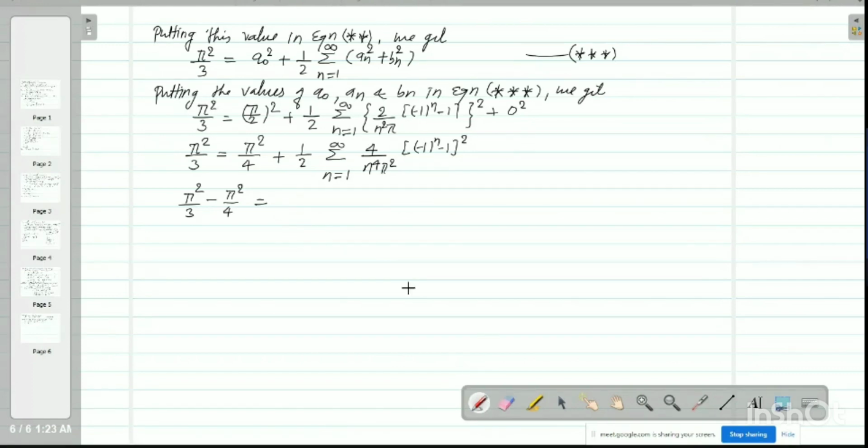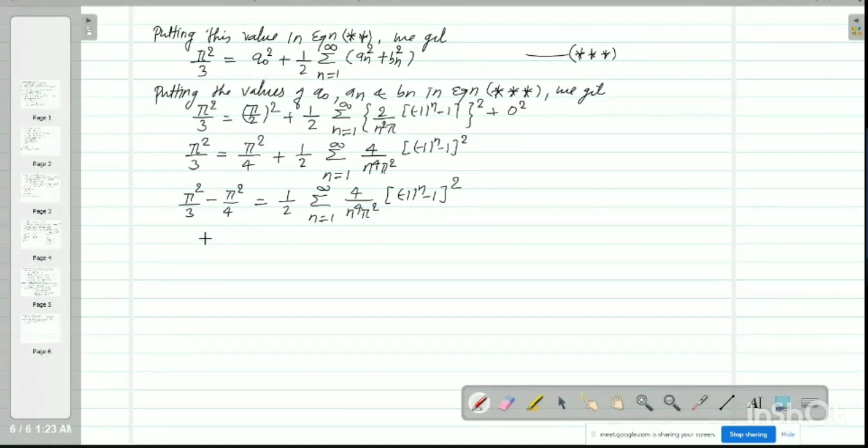What will be the remaining term? Just write one more step: n equal to 1 to infinity, 1 by n raised to 4, minus 1 raised to n minus 1 the whole square. Please don't forget to write the whole square, otherwise you will make a mistake.